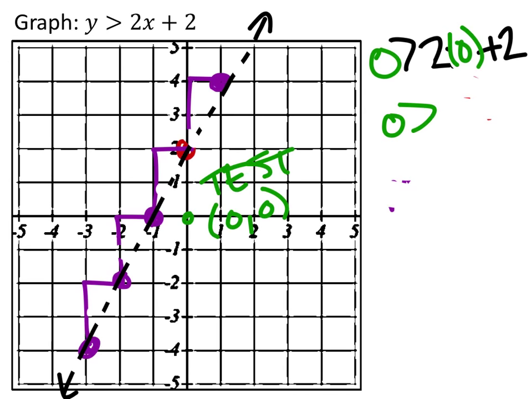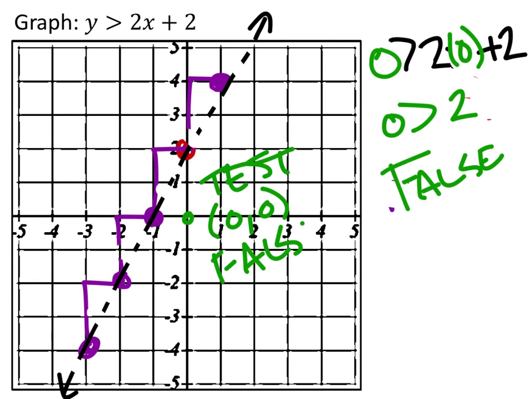So I get 0 is greater than 2. False, right? That is false. So we need to shade the other side of that line. And we got a tool to do that right here. There we go. Oh, that's very nice.